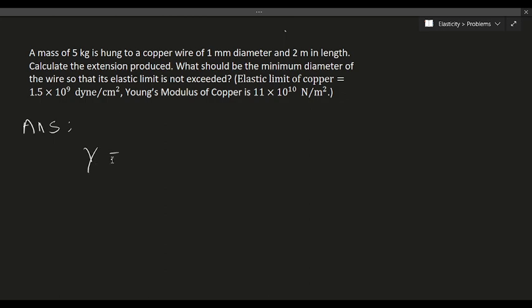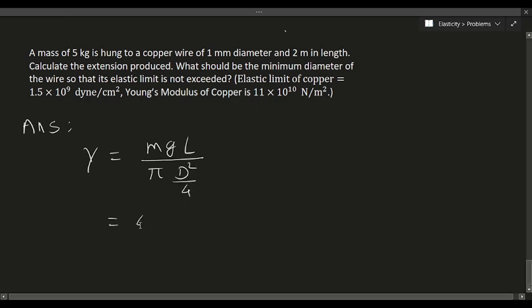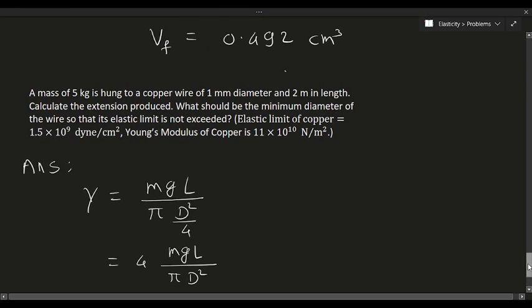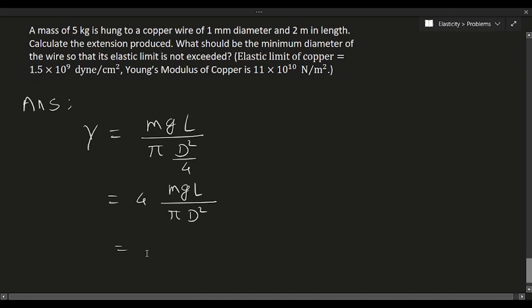Young's modulus, as we have seen in one of the previous problems, is given by mgl divided by pi d square by 4. That is, you can write it as 4mgl by pi d square times the extension. The mass attached is 5 kg.